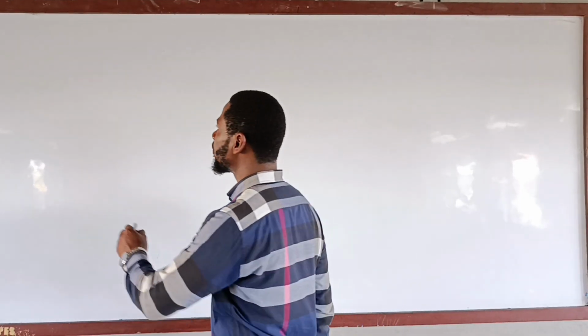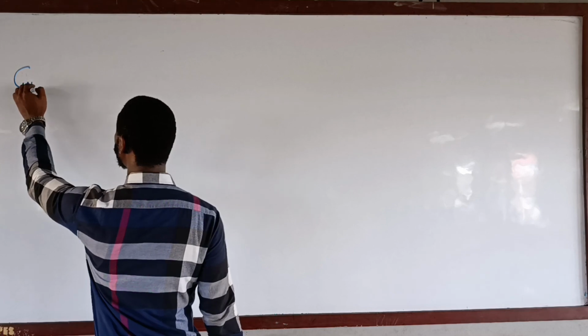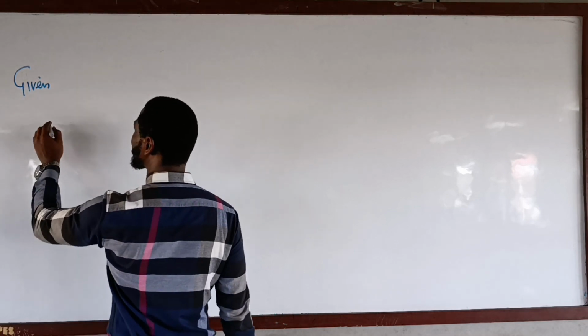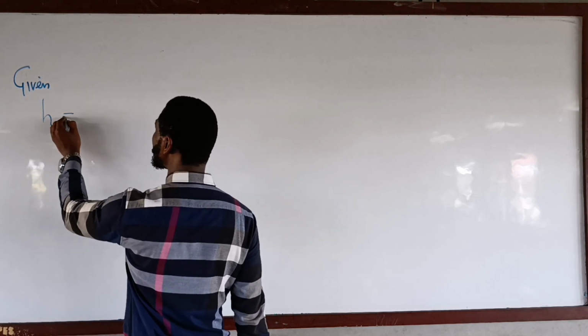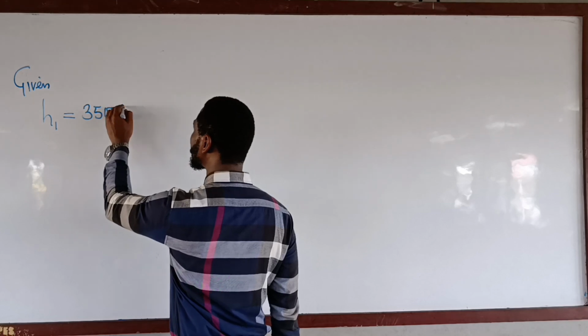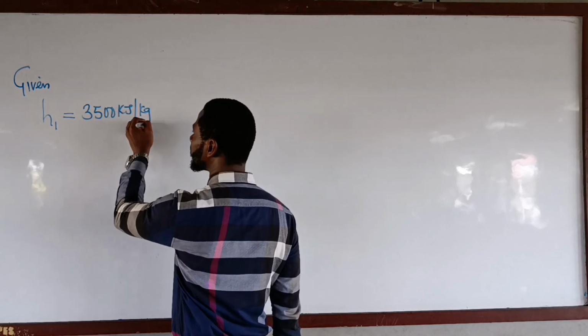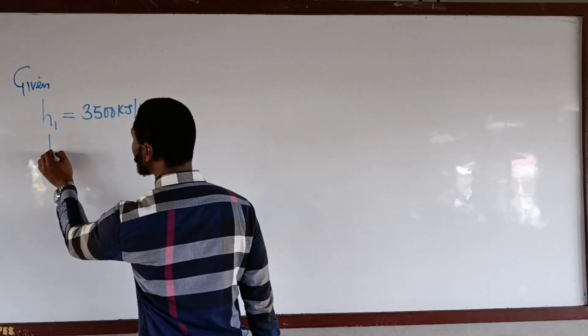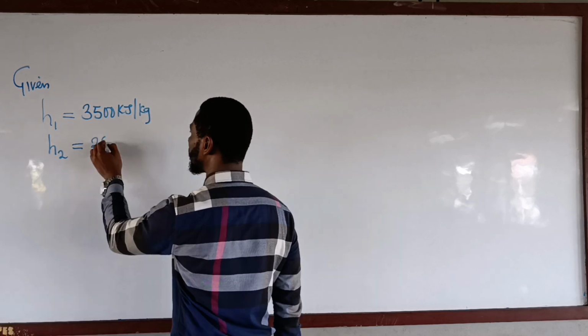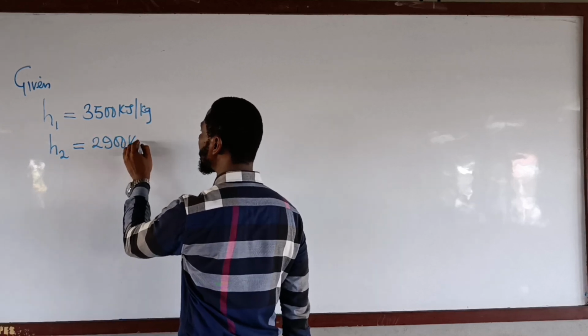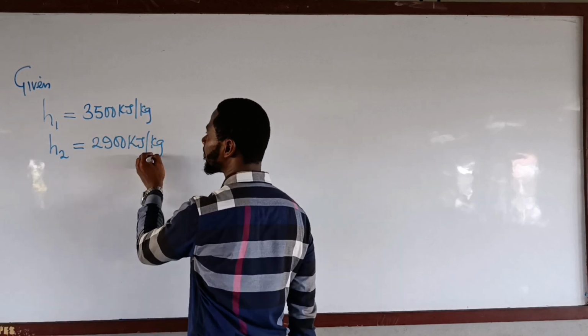Solution. Step 1. Given data. Enthalpy H1 is given as 3,500 kilojoules per kilogram. Enthalpy H2 is given as 2,900 kilojoules per kilogram.